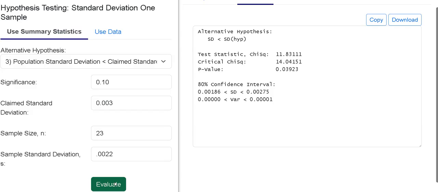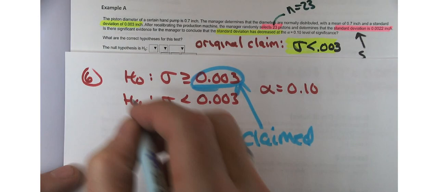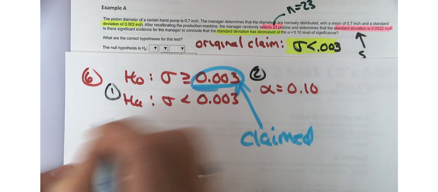What do I need from the output here at this point? What am I looking for? P-value. Good. So we got a p-value of 0.0392. So we got step 1 here, step 2, step 3. We input the data.